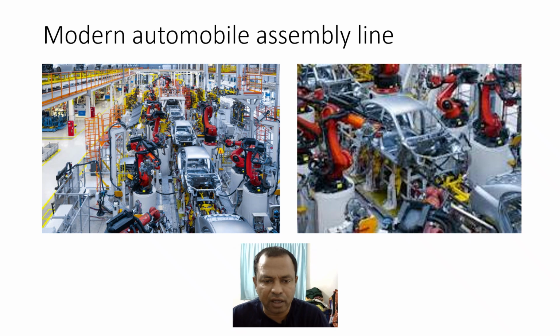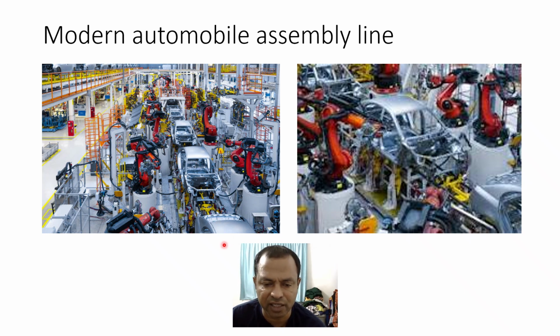The topic Industrial Engineering can be explained with the help of some examples. Look at here, this is a modern automobile assembly line. Assembly line means it's a queue of materials which is acted upon by many machineries.